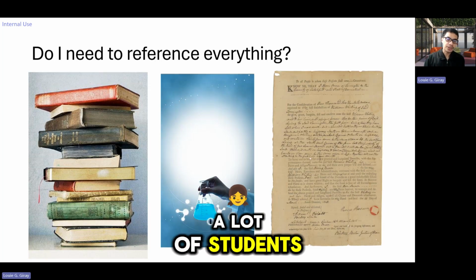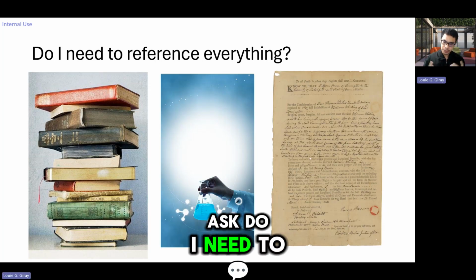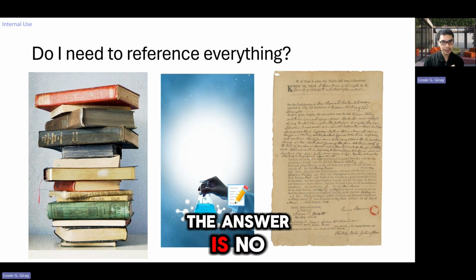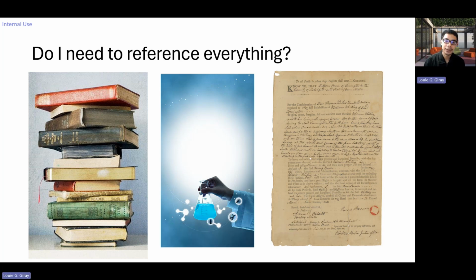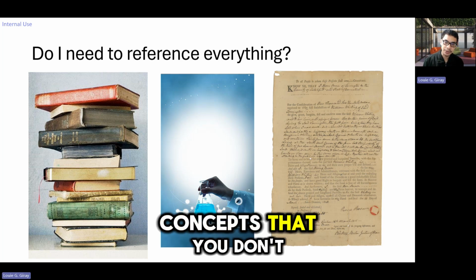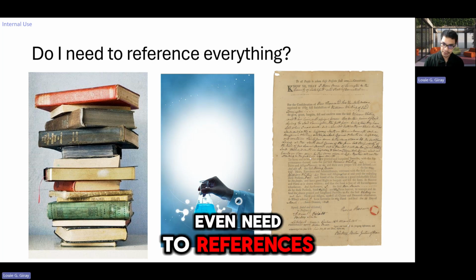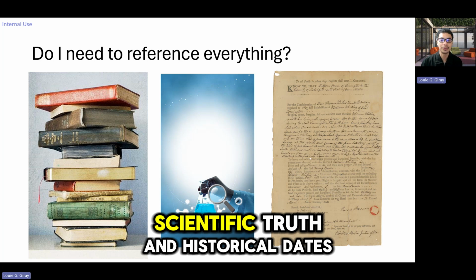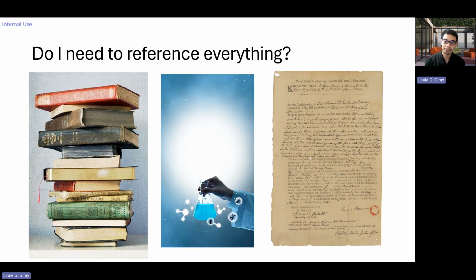A lot of students ask, do I need to reference everything? The answer is no, not everything. There are some concepts that you don't even need to reference, such as general knowledge, scientific truth, and historical dates.